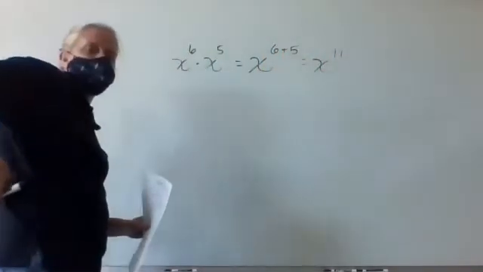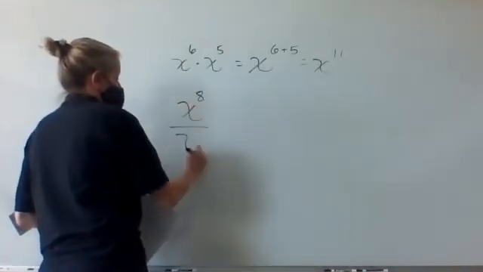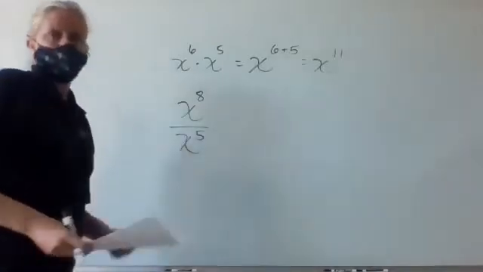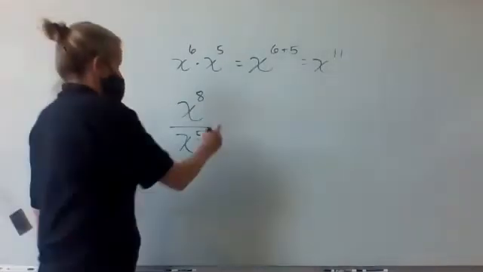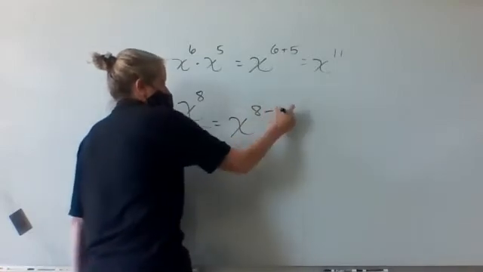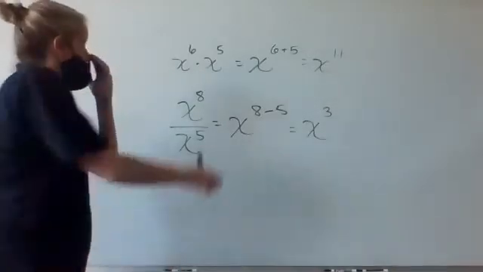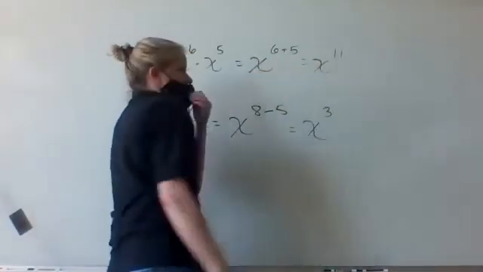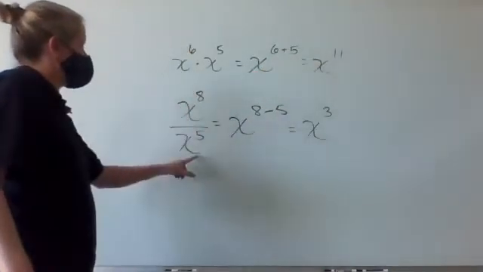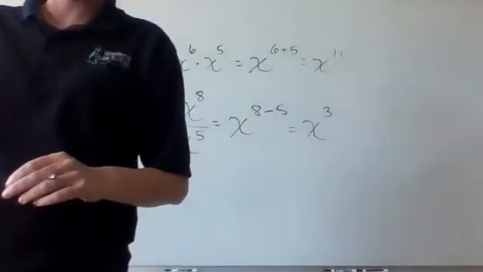When you are dividing the same bases, so if I have x to the 8th over x to the 5th, you subtract their exponents. So you always have to do the top exponent minus the bottom exponent. Okay, so that's the rules. When you're multiplying the same bases, you'll add their exponents, when you're dividing the same bases, you are going to subtract their exponents.